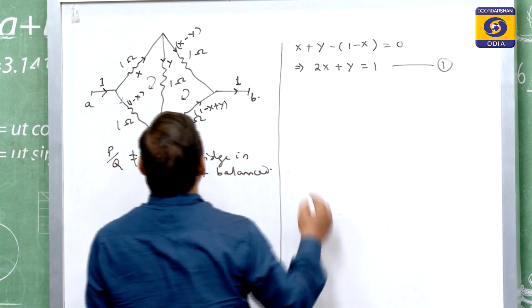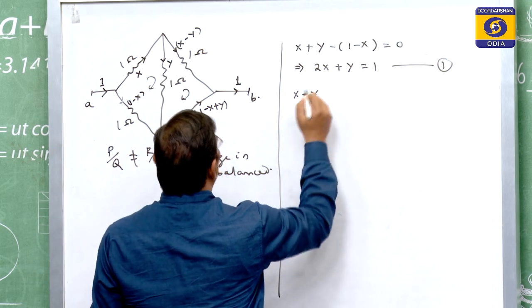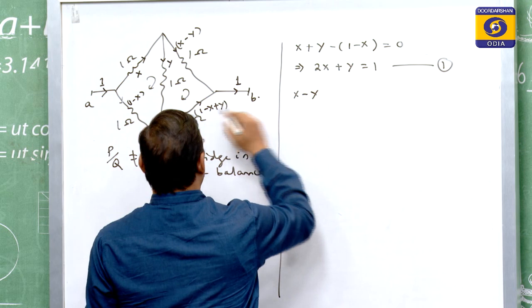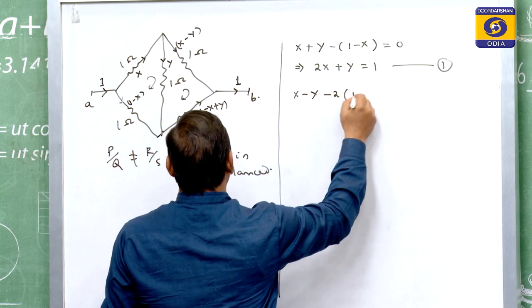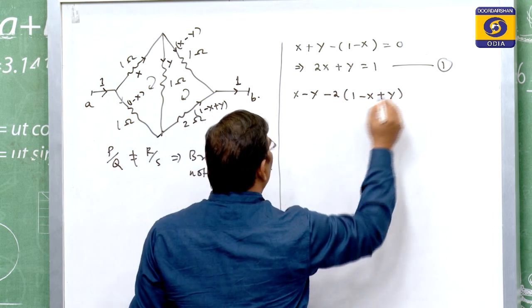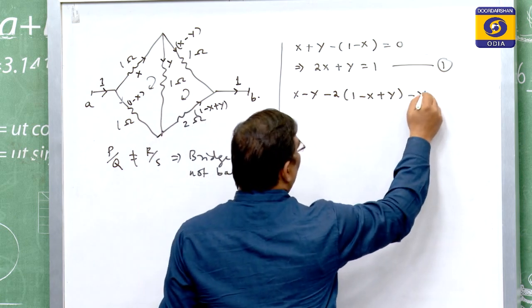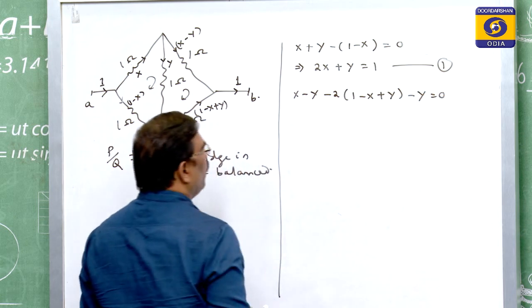Similarly, in the second mesh, I get (X minus Y) into 1 minus 2 into (1 minus X plus Y) minus Y equals 0.